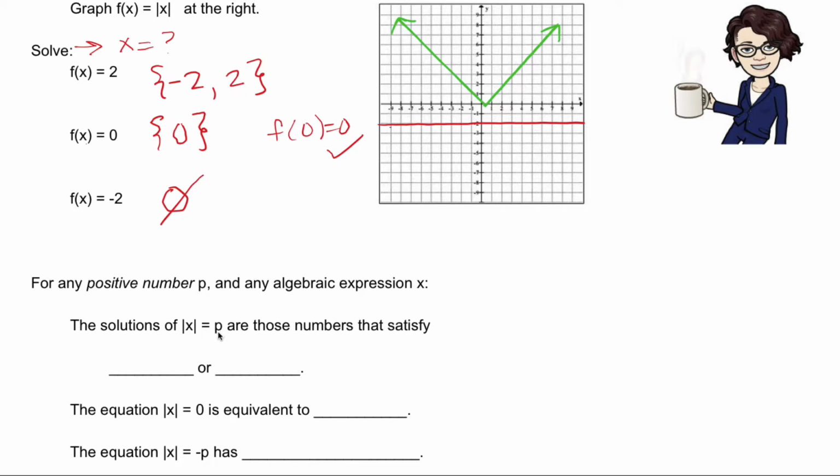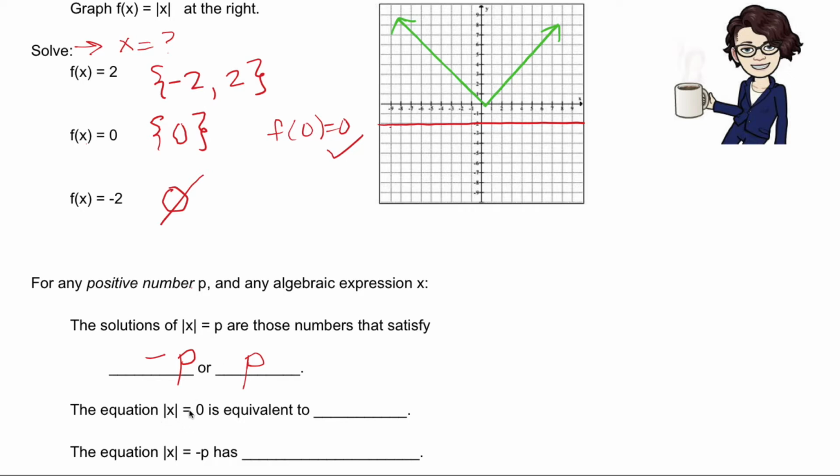So instead of being specific to 2, we're just saying any positive number. So imagine we had talked about 4. When is f of x equal to 4? When is the absolute value of x equal to 4? Well, that would be at -4 and +4. So in general, we are talking about -p or +p. So the absolute value of x being equal to p could be -p or +p.